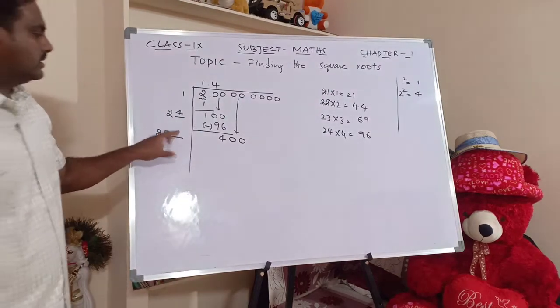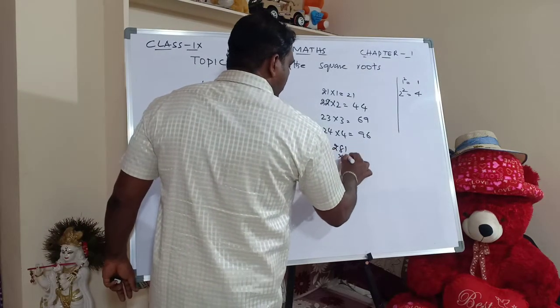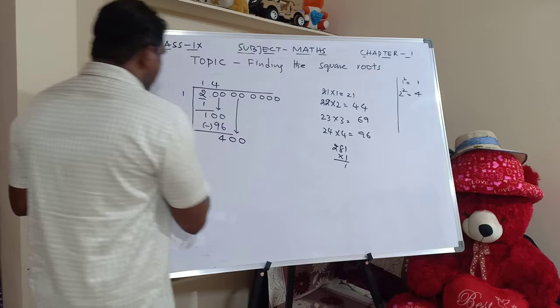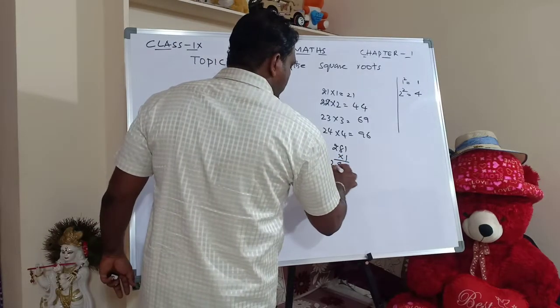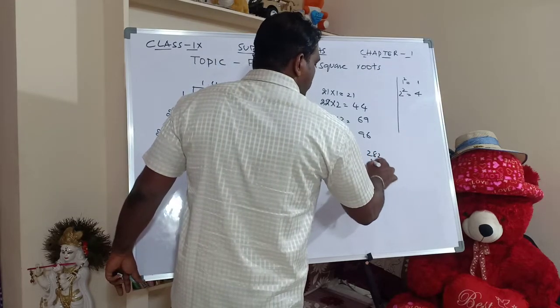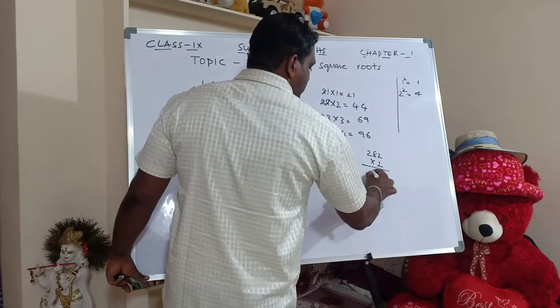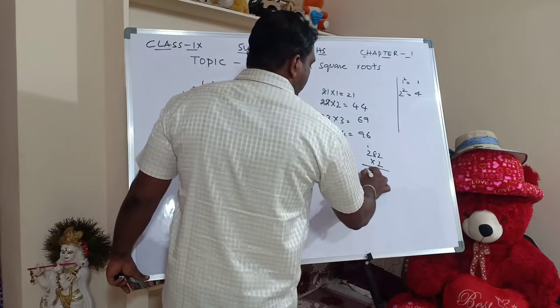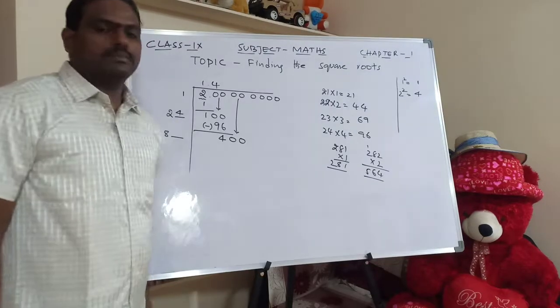Now the same concept. First I will write 281 into 1. I am keeping 1 in the blank and I am multiplying with 1. 281. Next 282 into 2. 2 2s are 4, 2 8s are 16, 2 2s are 4, 5. 564. So which is the best option I have to take?